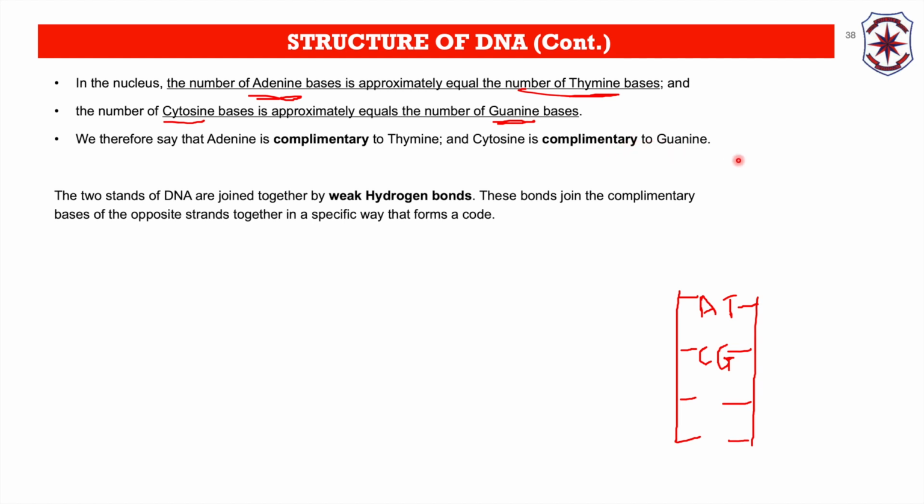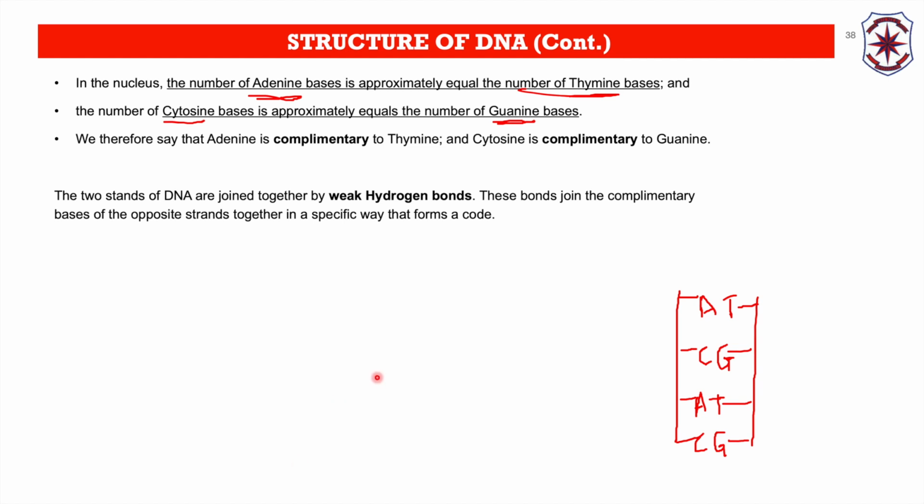So, whenever you see adenine on one strand, on the opposite strand, it must be complemented by thymine. And if you see cytosine on one strand, the complementary nitrogenous base would be guanine. All right?